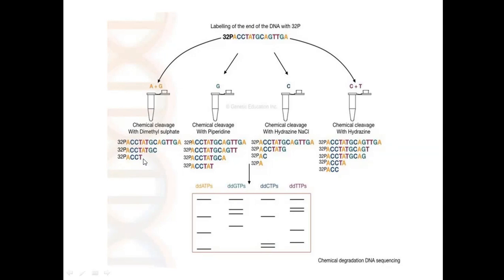And now here the cut is at G. So where are the G's? We'll be getting ACC, TAT, the first cut. The second G is here, then you will be having ACCT, AT, and GCA.